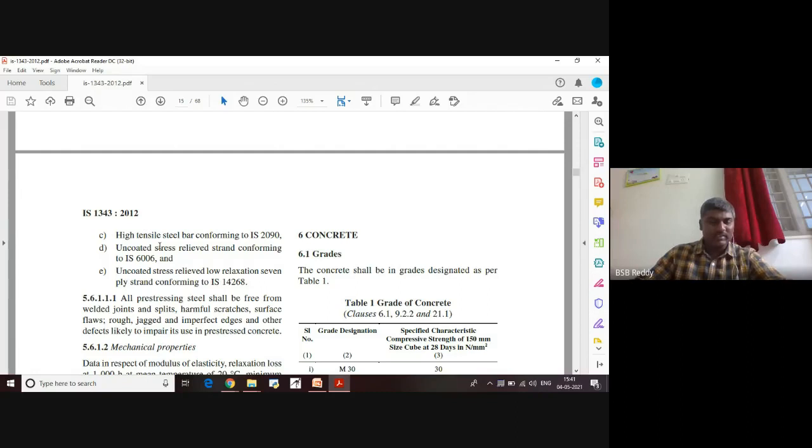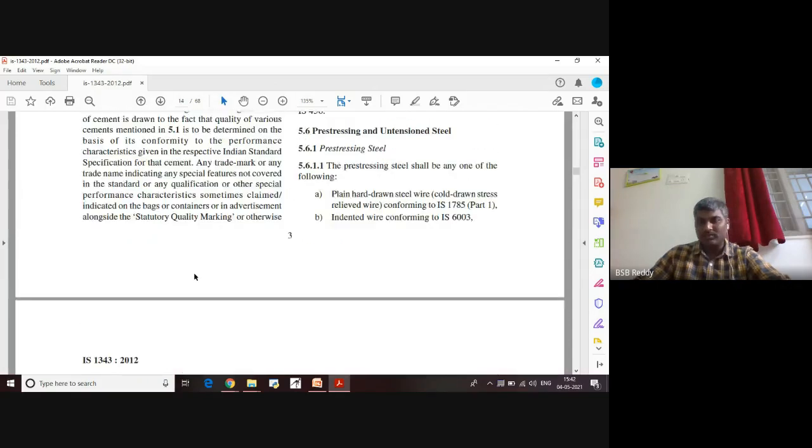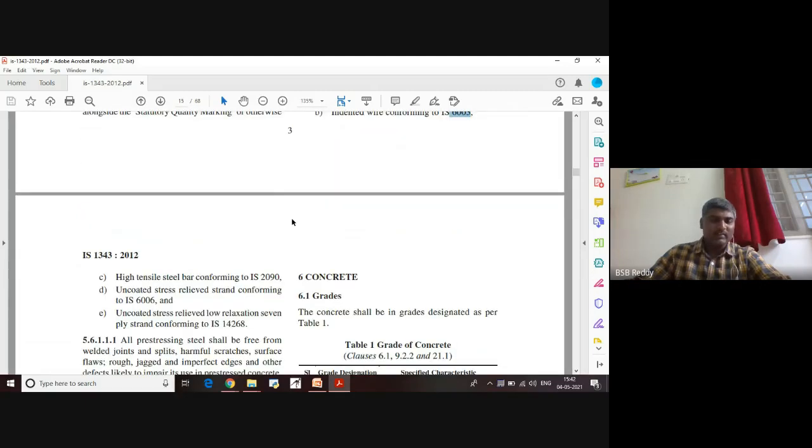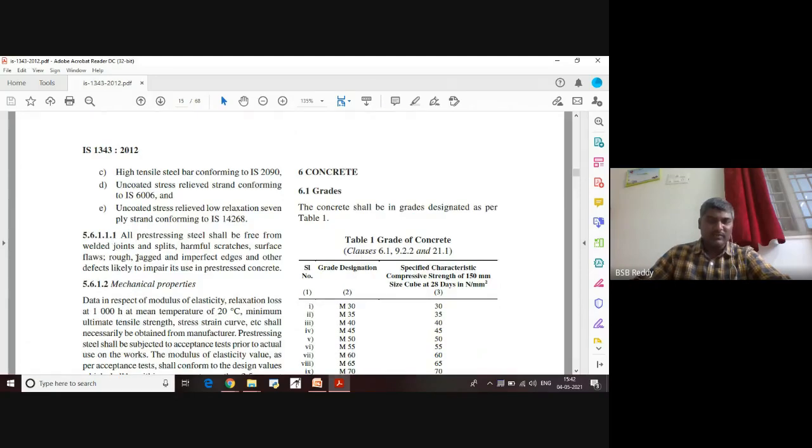So these are the types of steels prescribed by the IS code. And to what code they shall conform is mentioned here. It also specifies some precautionary measures: it should be free from welded joints, splits, harmful scratches, surface flaws, rough jobs, imperfect edges, and other defects. It should be perfect in all respects.